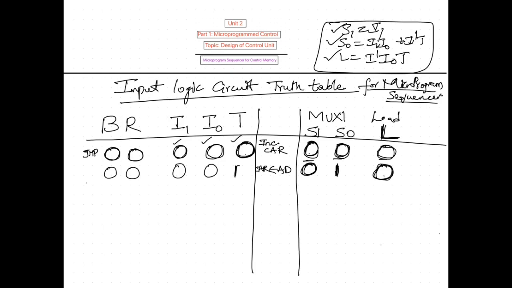If you don't understand the truth table, you can substitute the I1, I0 and T values in this function, and you will get S1, S0 and L. There are two ways. Now this is also jump. Jump with condition 0 just simply increments the CAR. Jump with condition 1 means the address is moved to the CAR.